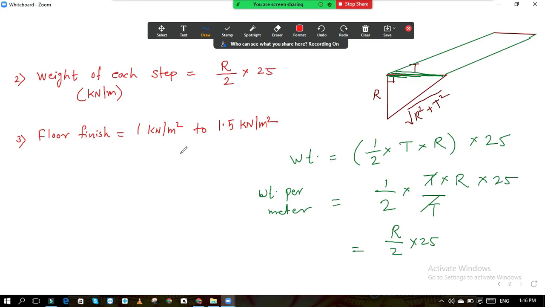They will tell you that a granulithic floor finish is applied to the staircase having a certain thickness. This type of wording may be there. So if it is not given, you can assume it in between 1 kilonewton per meter square to 1.5 kilonewton per meter square.